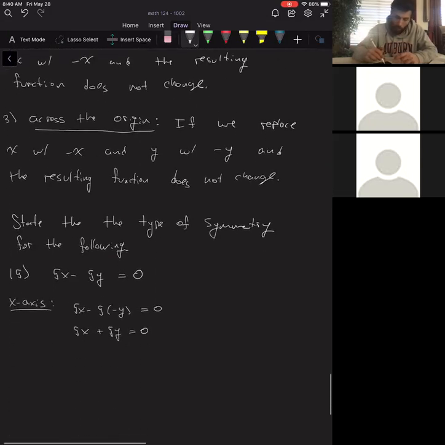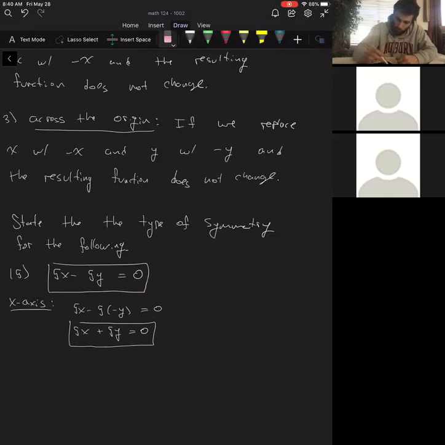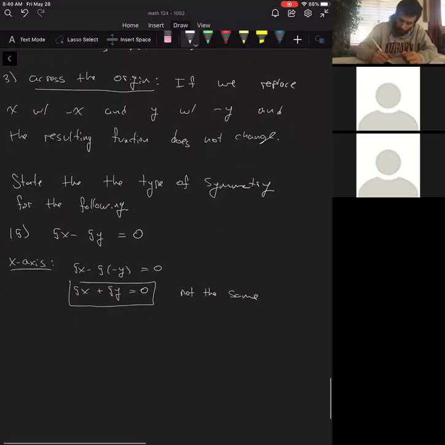However, when we replaced y with minus y, the function did change. This is 5x plus 5y is equal to 0. Here we have 5x minus 5y is equal to 0. So these are two different things, not the same. So it's not symmetric across the x-axis.